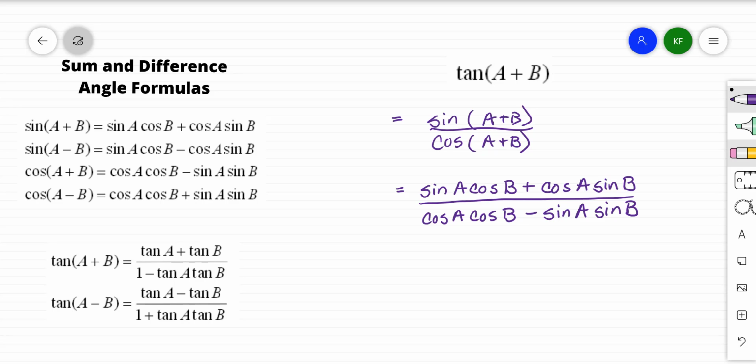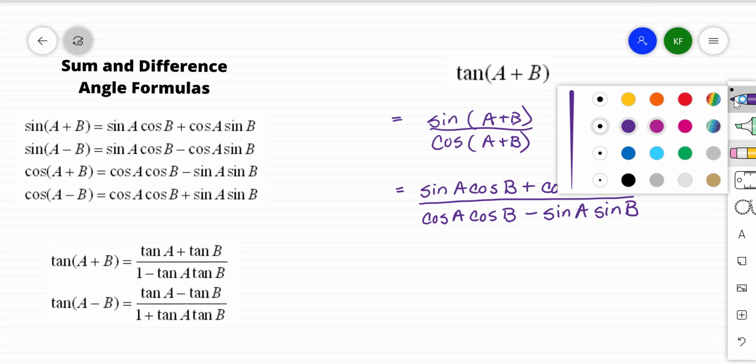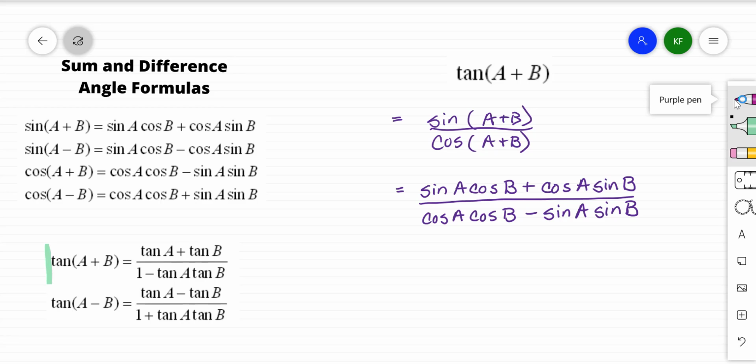Now, we're trying to get to the ultimate goal. To remind you, we want this formula right here. So when I examine the goal, I see that there's a 1 on the bottom. This is problem solving that you're doing, and problem solving in mathematics is more important than anything, in my opinion, because the skill of problem solving is what you're going to carry on to your classes, your life, and all that stuff.